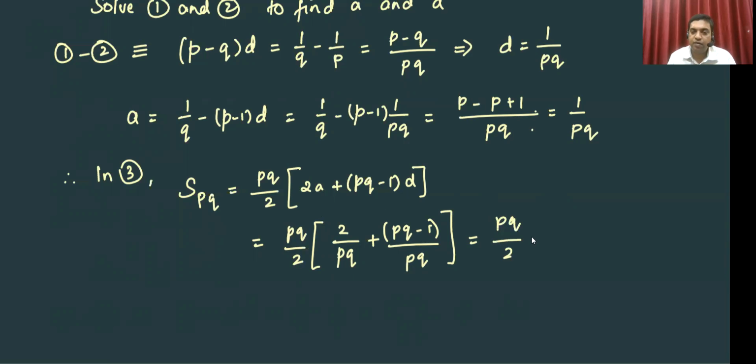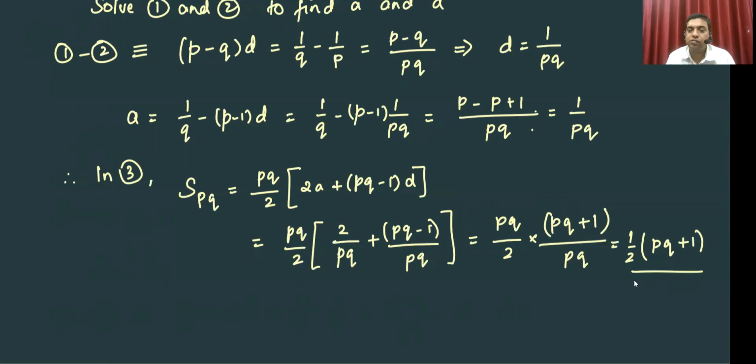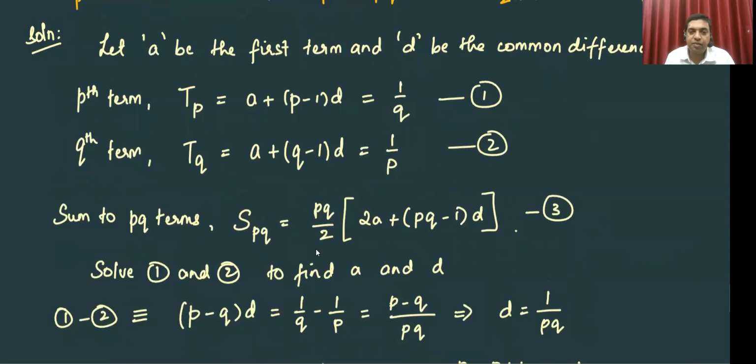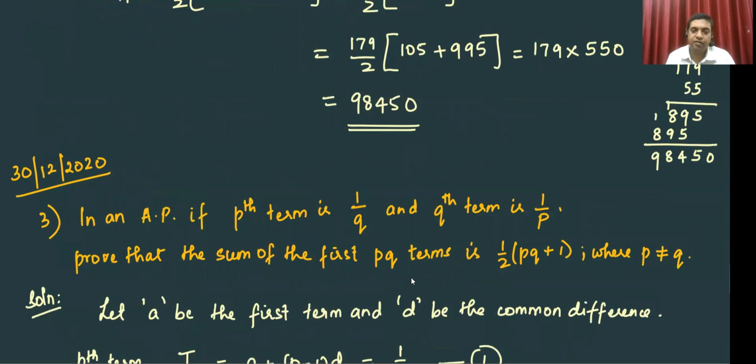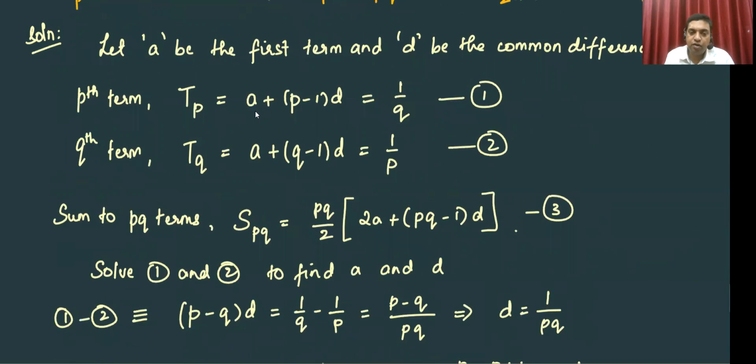Simplifying further, there's a common denominator, so you can directly add the numerators. 2 plus pq minus 1 gives pq plus 1. So you get half of pq plus 1. That which appeared to be difficult, just by solving for a and d, we could simplify, just by direct substitution of the formula.